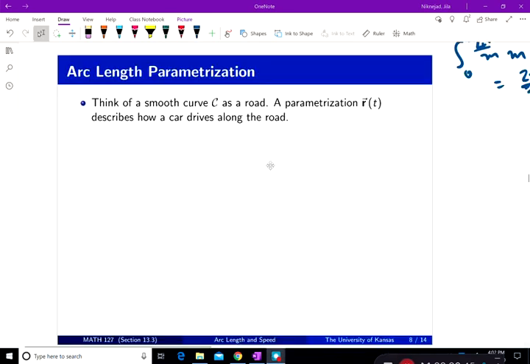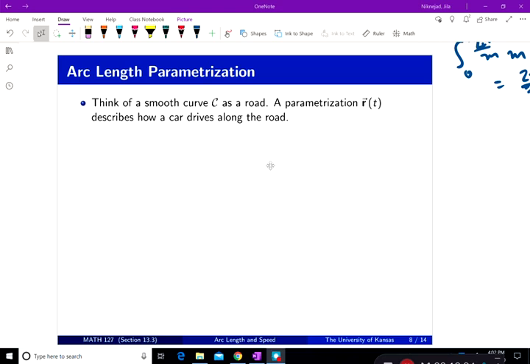Now let's see why we use the arc length function to parameterize curves, and why we do that.